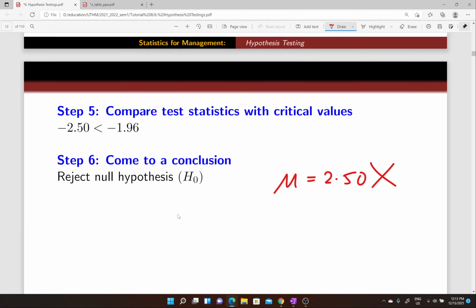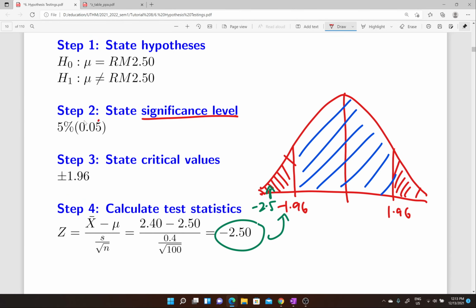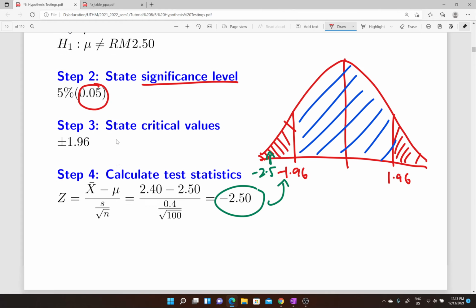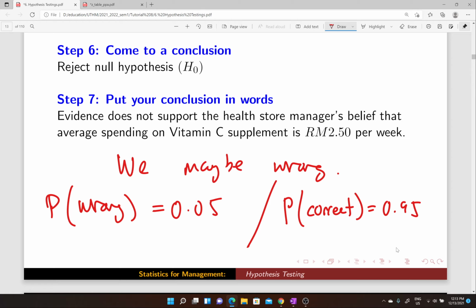This is where the significance level comes in. So 0.05 is the probability we are wrong, which means the probability that we are correct is 0.95. That is where the significance level comes from.